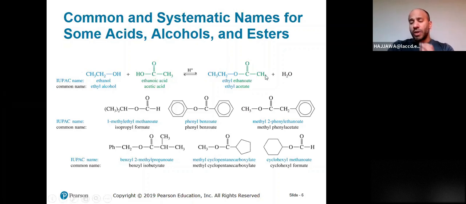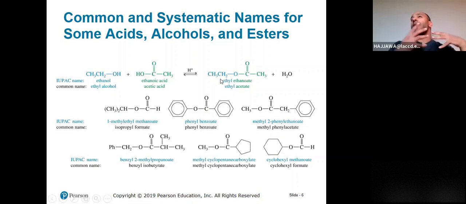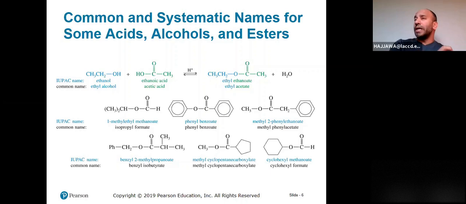We've seen that in the previous chapter, but here it is again, a method to prepare esters. And when I name an ester, I always have to start with the alkyl group that's attached to the oxygen of the ester group. So in this case, I have a methyl carbonyl oxygen ethyl. So my ester should sound as alkyl alkanoate. Alkyl, that's the alkyl group that's attached to the oxygen.